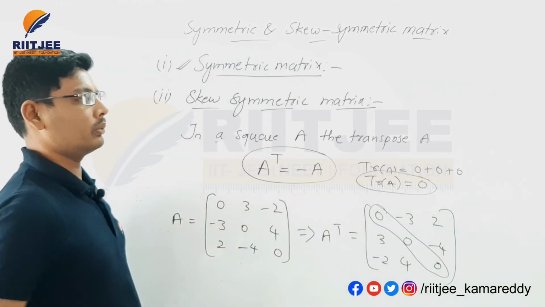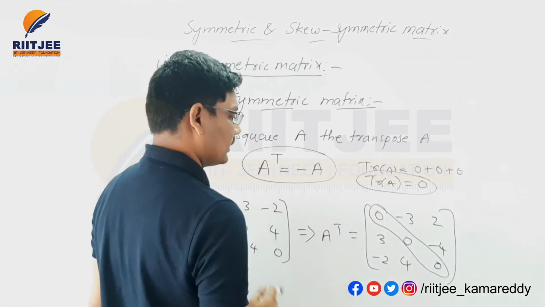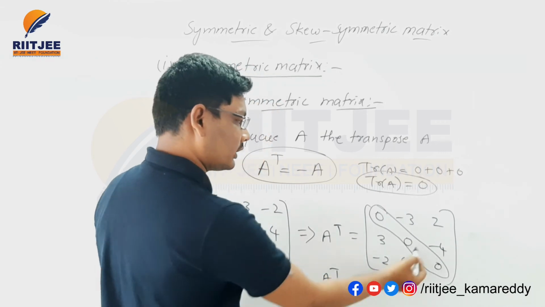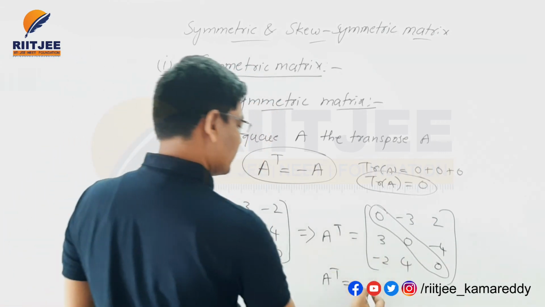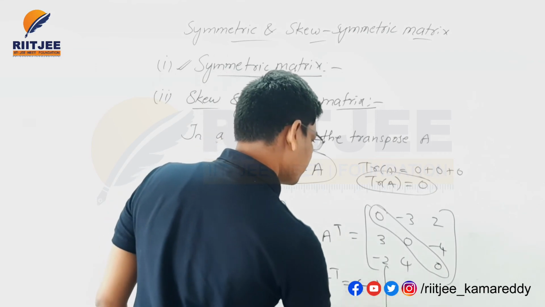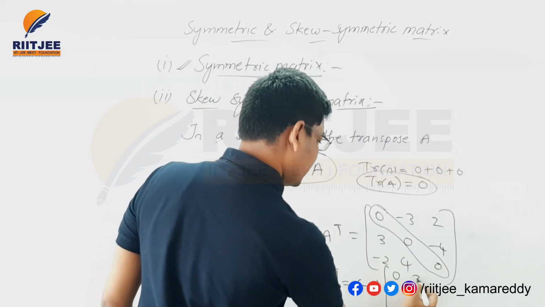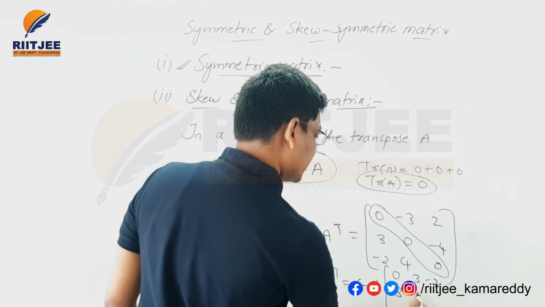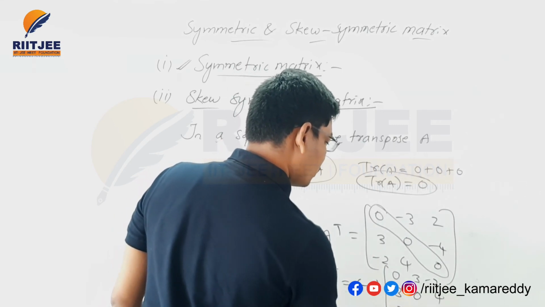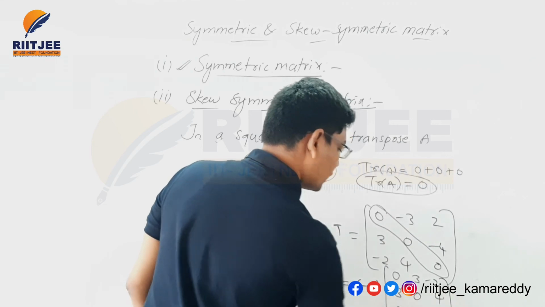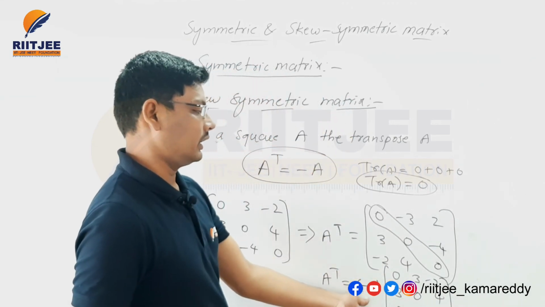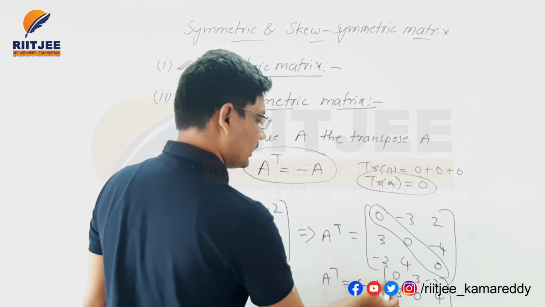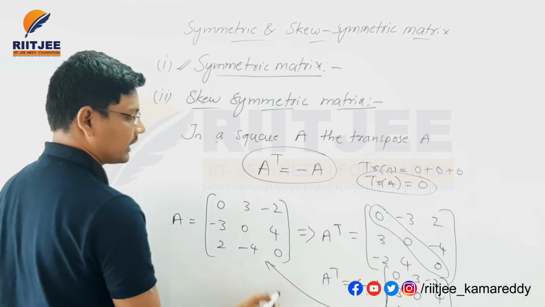Note 1 and note 2 are both satisfied here. Now A transpose: if you take minus 1 common from the matrix, minus 1 into A, this matrix looks like A itself.